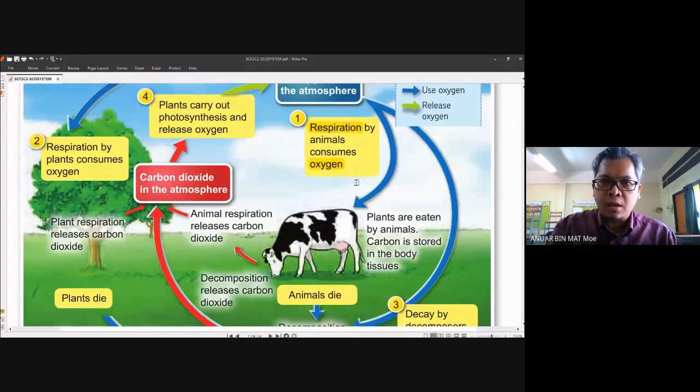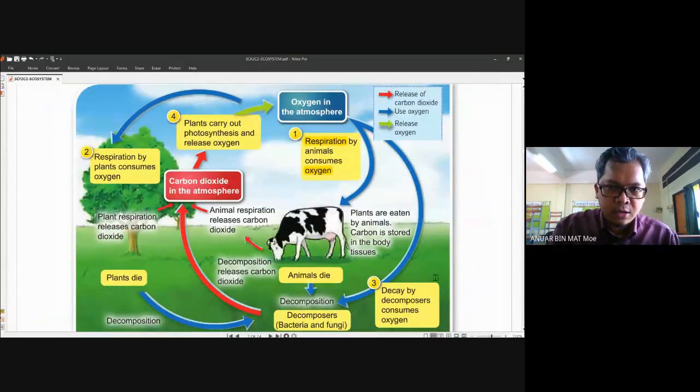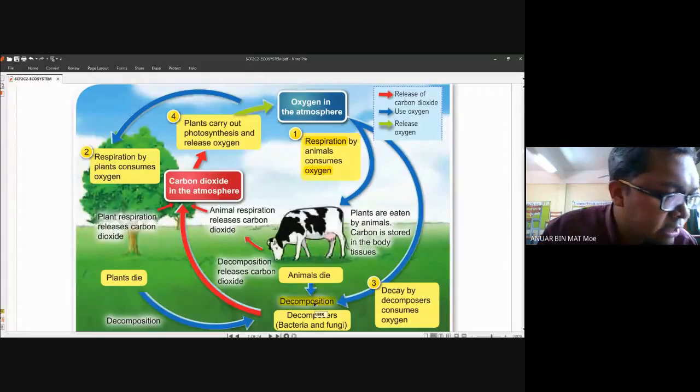What is the other process that uses oxygen? Number one is respiration, and number two is decomposition. Decomposition also uses oxygen.